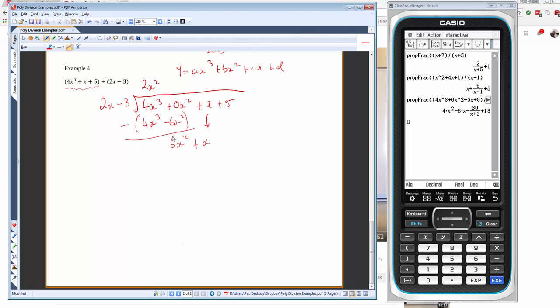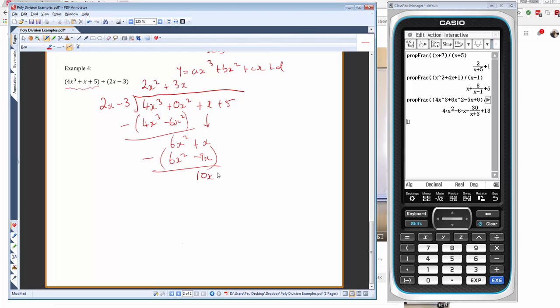Alright, 2x into that goes 3x times. Again, how do I check that I'm right? 3x times 2x is 6x squared. 3x times negative 3 is negative 9x. Bracket, subtract, line. x subtract negative 9x is the same as x plus 9x.